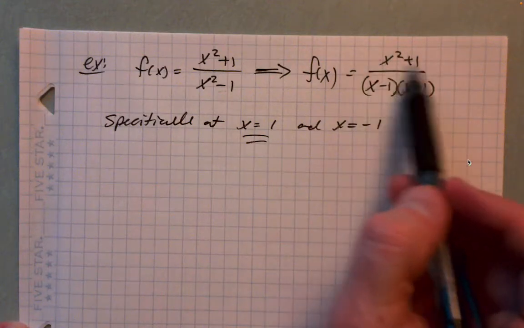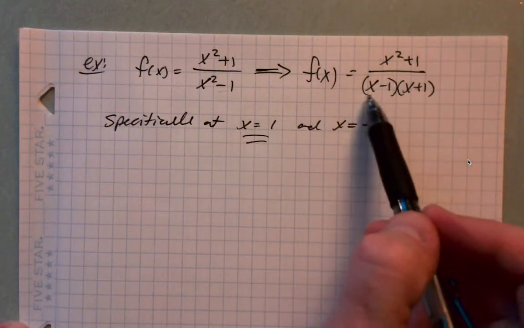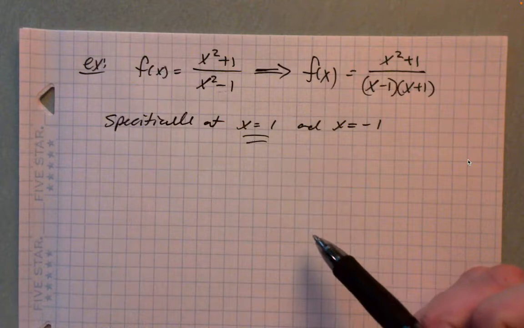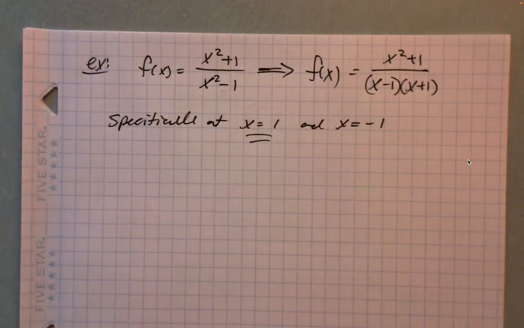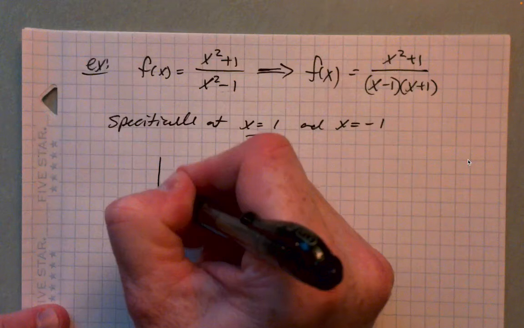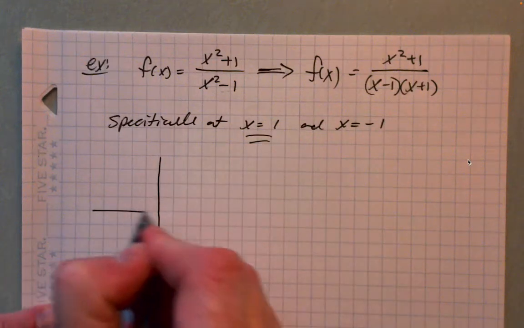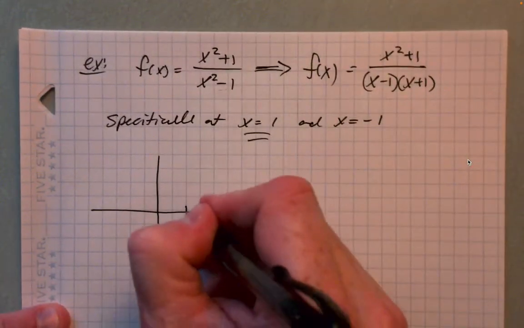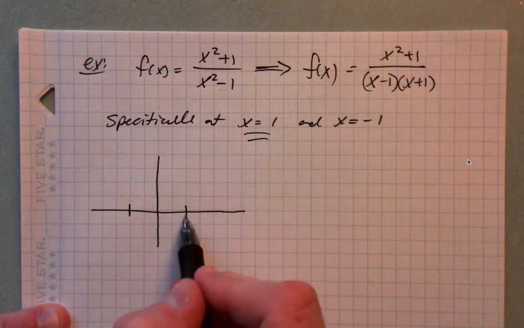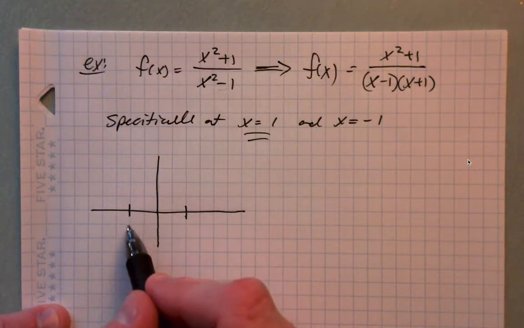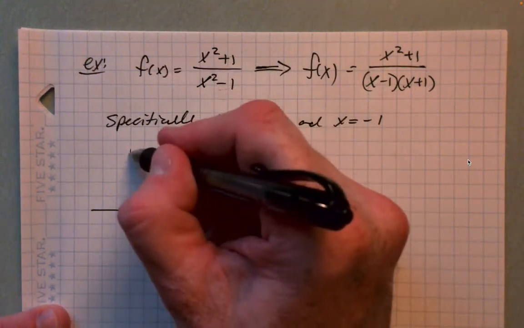So the numerator is non-zero. The denominator is 0 at these two values. Okay, so this function should have two vertical asymptotes. And in fact, if you plot it, here's what it looks like. You've got your +1 and your -1 here, and you do have vertical asymptotes there.